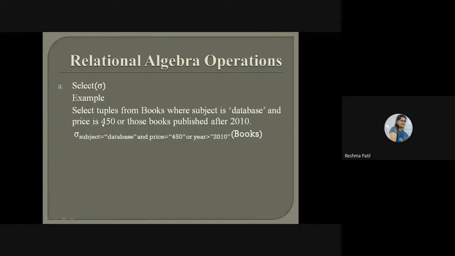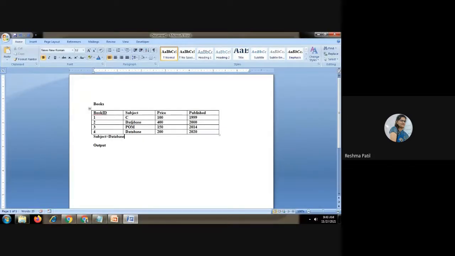So here if you check what is our condition: subject is equal to database. First it will check the records where subject is equal to database. So these two records, this one and this one, are matching as per the first query, subject is equal to database.